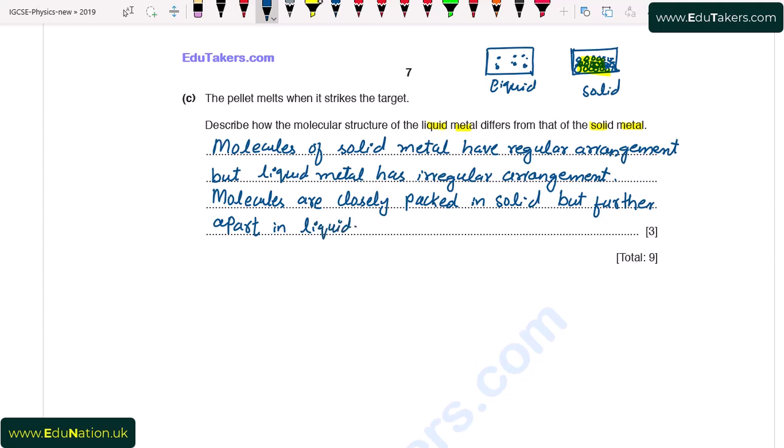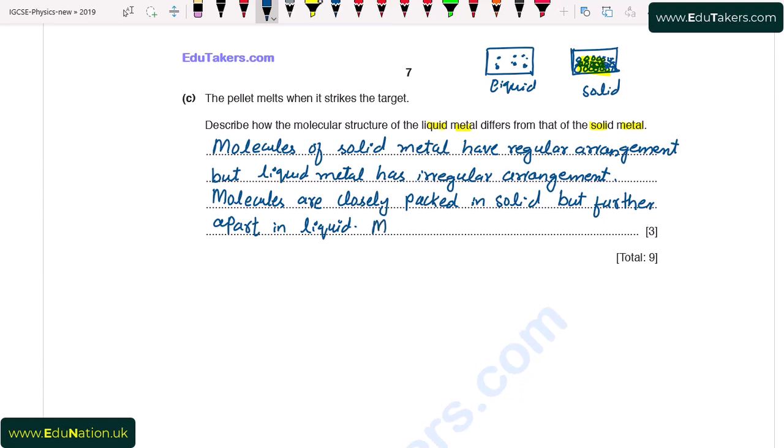And third point is that the molecules have a fixed position in solid but not in liquid, because the distance between the solid molecules is very small as compared to liquids, so the solid molecules remain fixed in their position while the liquid molecules vibrate.